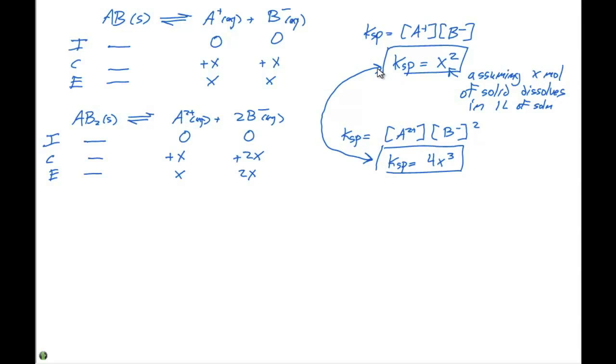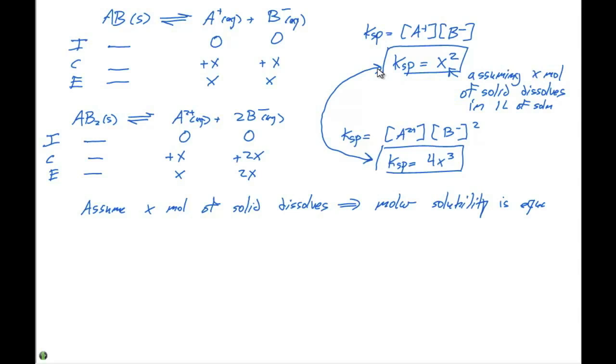So when we go and look at this, if we assume X moles of solid dissolves, the molar solubility is equal to X. So we're trying to solve for X in this particular case.